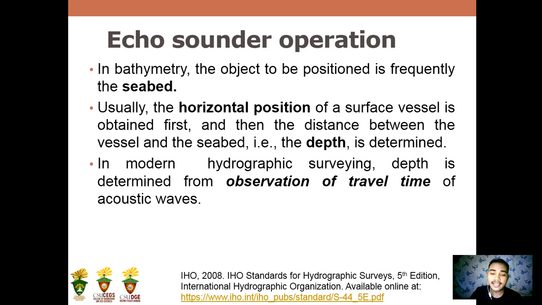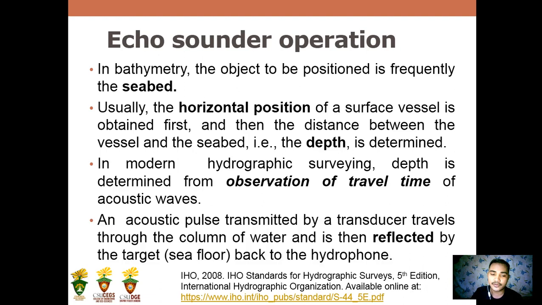The echo sounder emits sound waves going to the target, which is the seabed, and they bounce back to the sensor, which is the echo sounder. So the time is determined using the acoustic waves, from when they are emitted until they bounce back to the sensor.